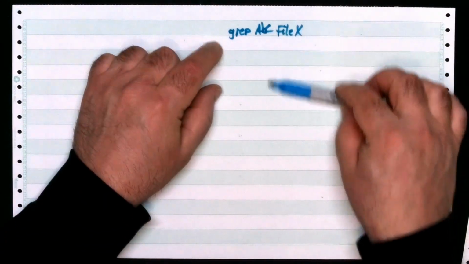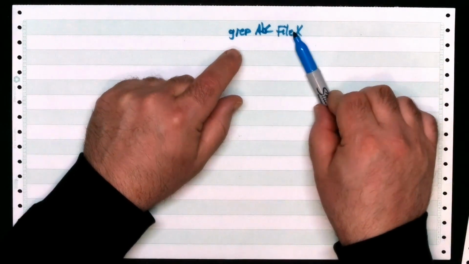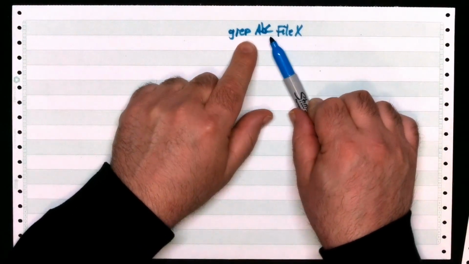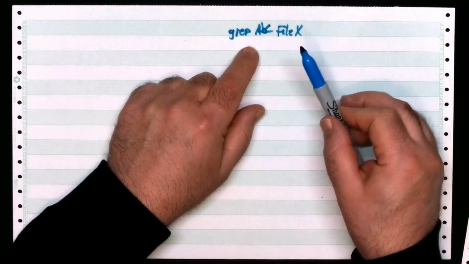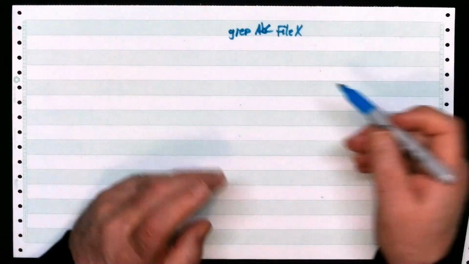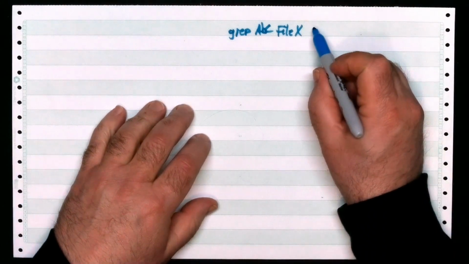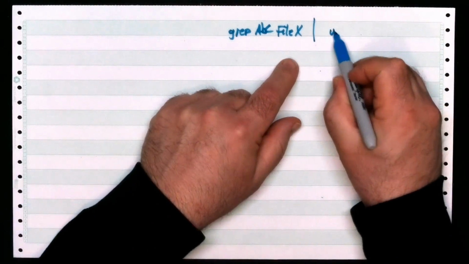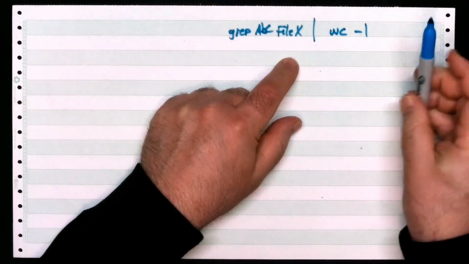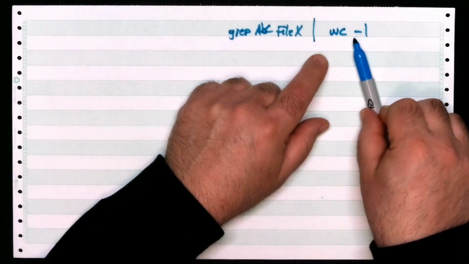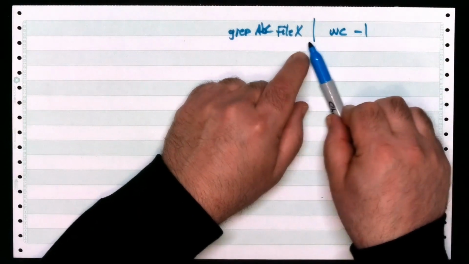What does that do? It'll list on the screen, it'll print out every line of this file that has ABC in it. That's nice, and then I could go back and count them. If I was a new guy, I might do that. If I know what I'm doing, I would pipe it to word count minus L, all right? This is a program that just simply says, here's how many lines of text were given to me.